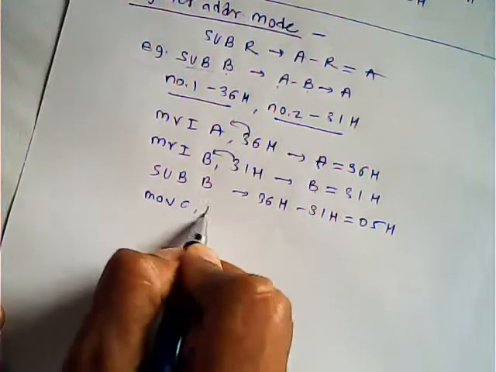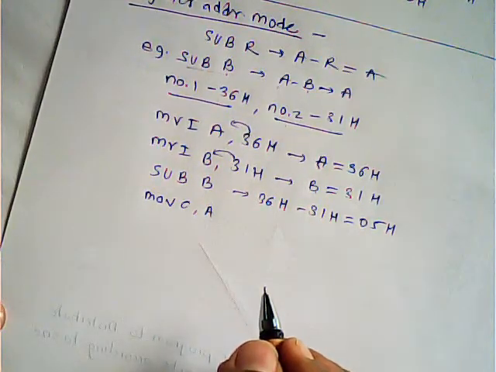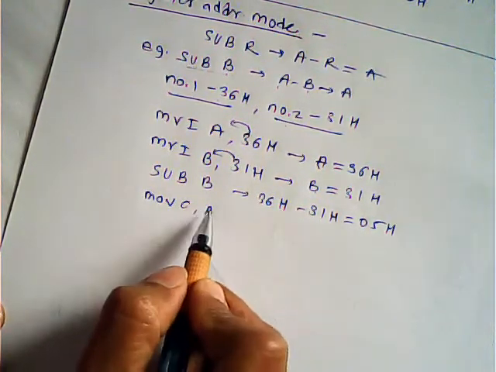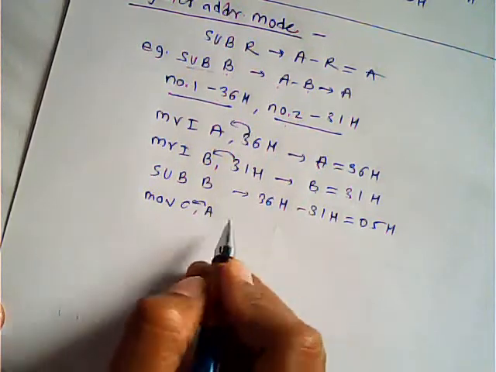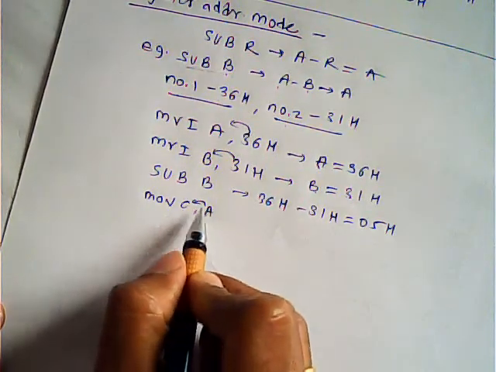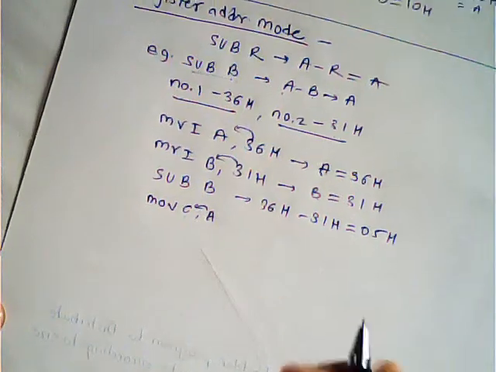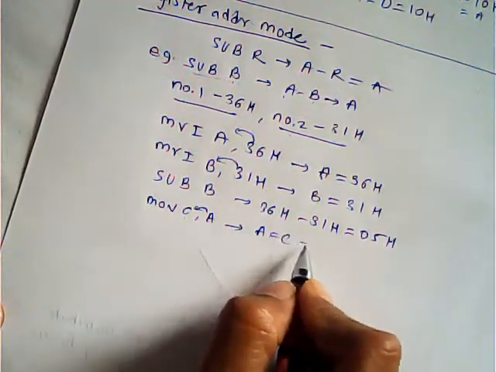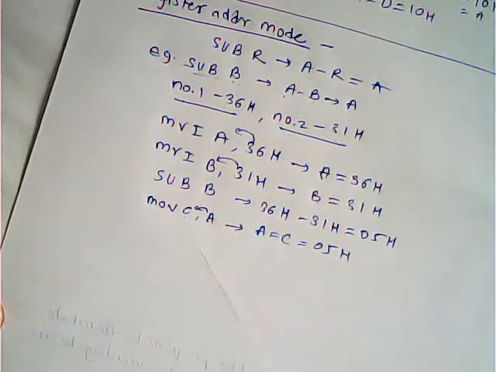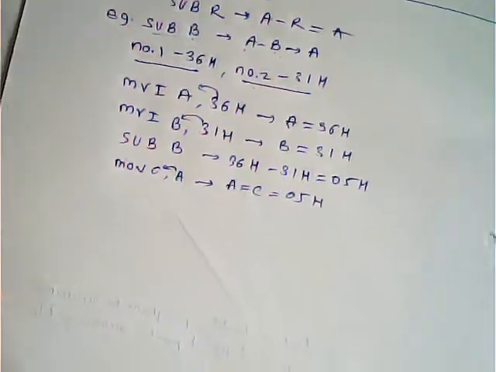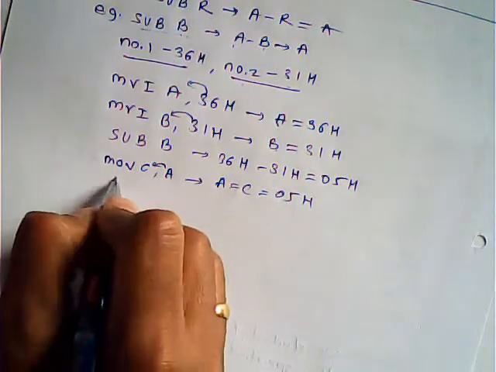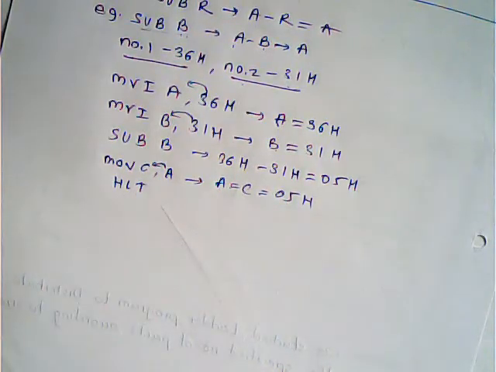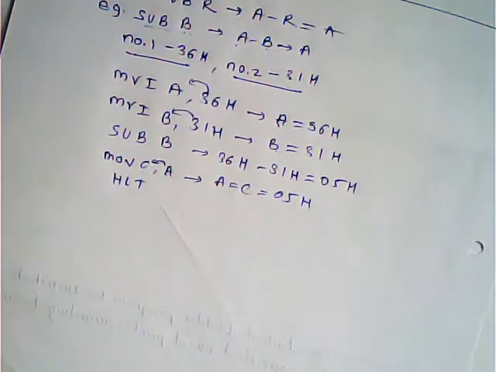If I write MOV C, A, it means A is the source register and C is the destination register, so the accumulator content gets copied in the C register. After the execution, in the accumulator and in the C register you will find 05x. Clear? And finally, at last, the halt instruction to stop the execution.